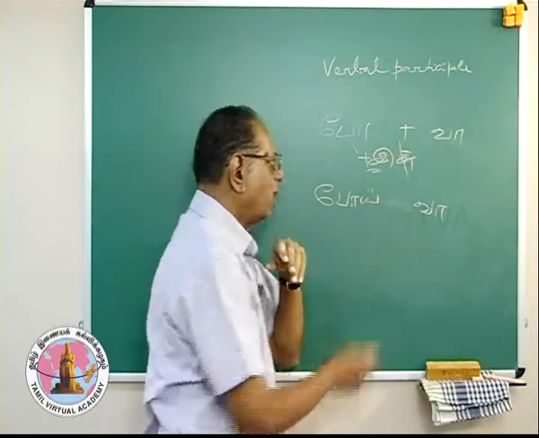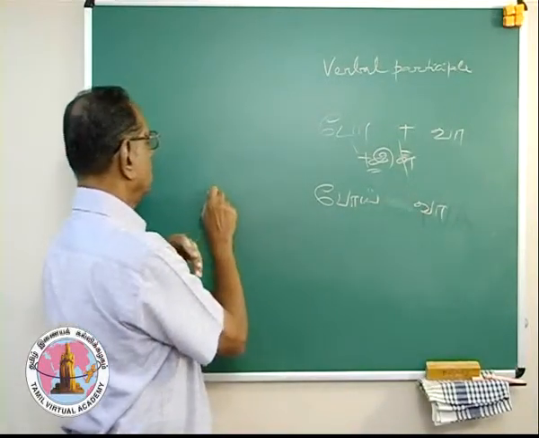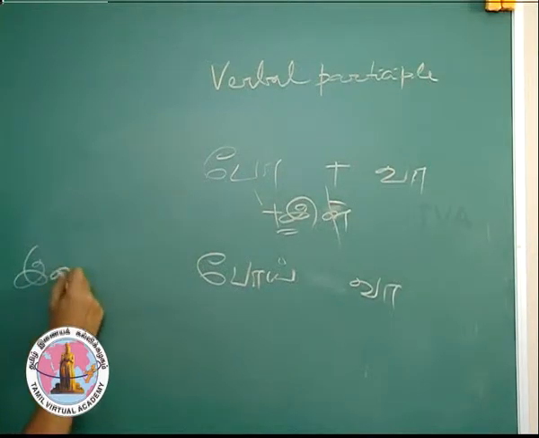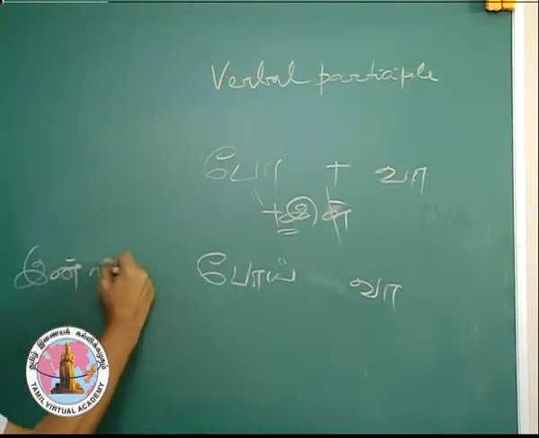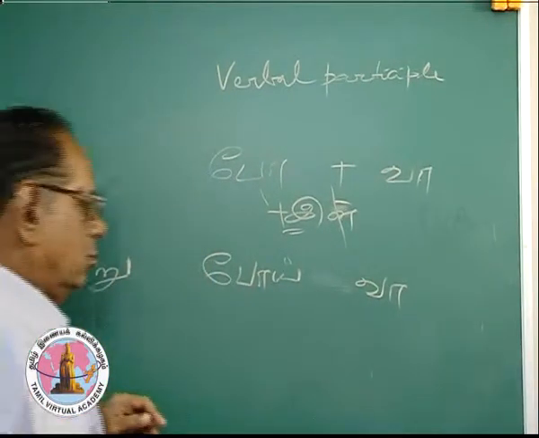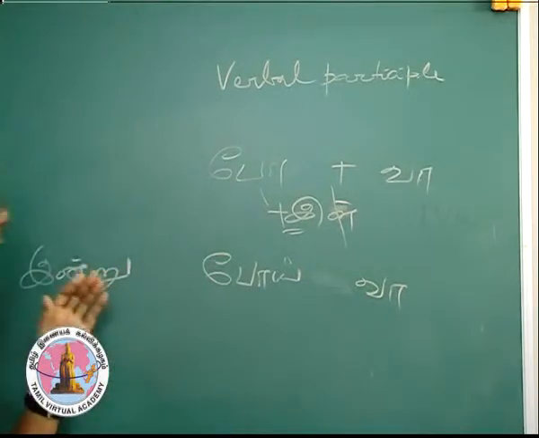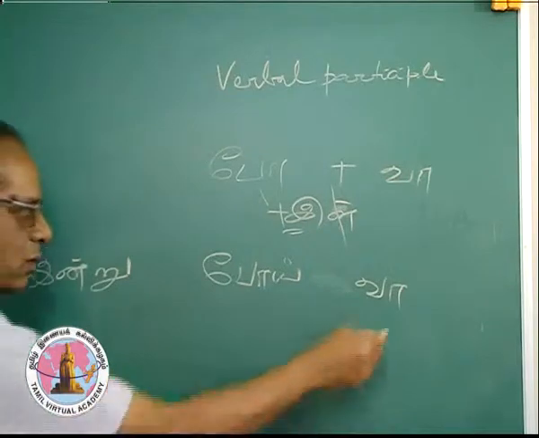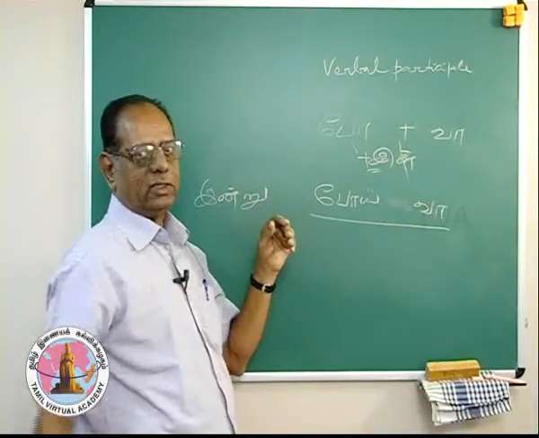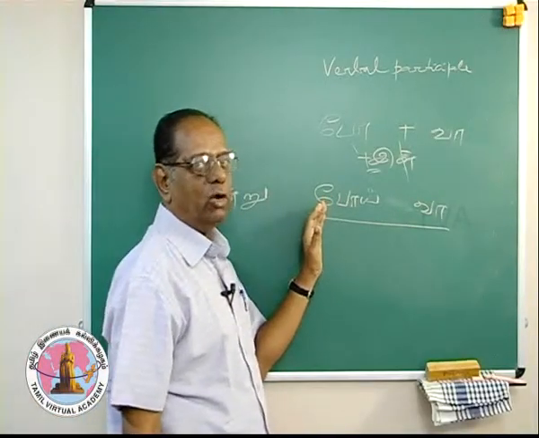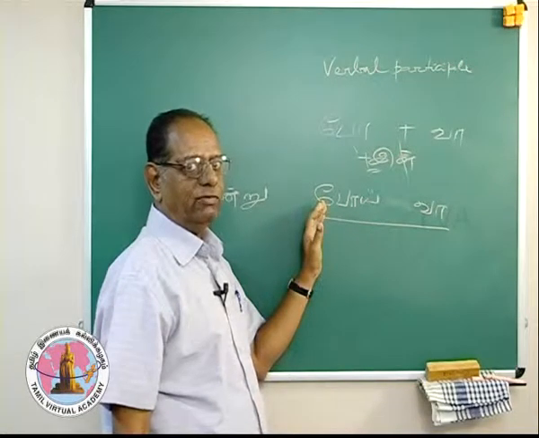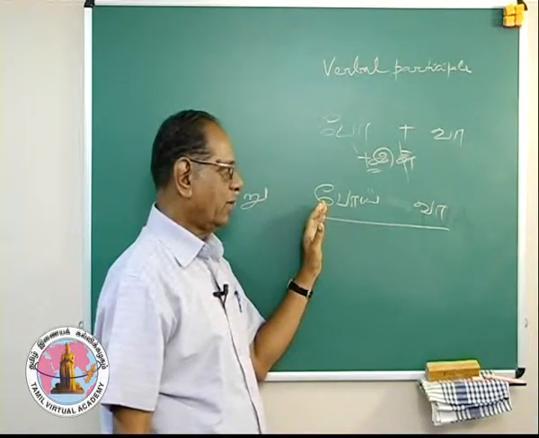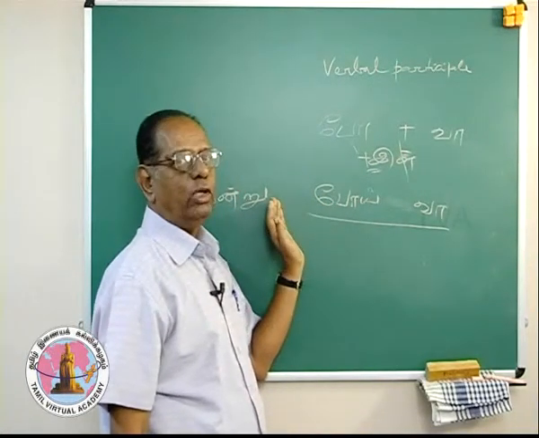Poi va. Indru poi va. Poi va is an expression which is considered to be auspicious while bidding farewell to somebody. Poi va.